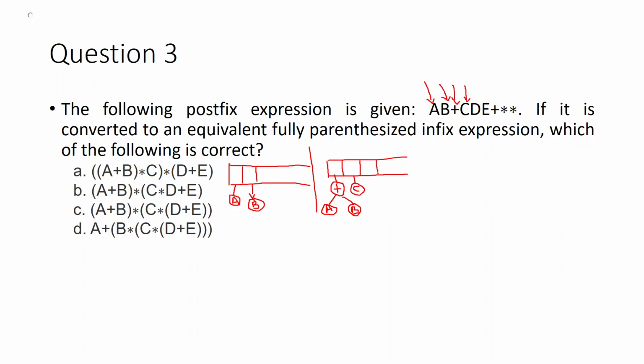C, then D. The next is also a character, so we push it into the stack. E. The next one is an operator. If a character is an operator, we need to pop two values from the stack.